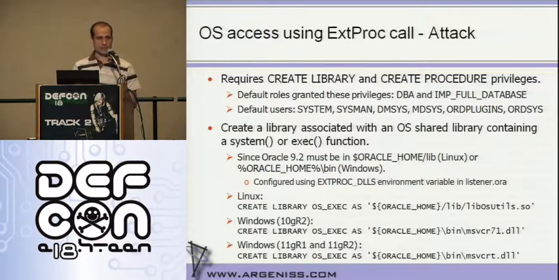And then we create a procedure that points to a function in that library. So there are some restrictions. In Oracle, we can't load libraries that are outside the Oracle Home lib directory in Linux and Oracle Home bin directory in Windows.